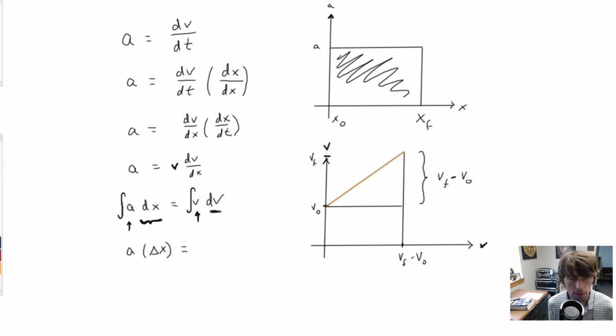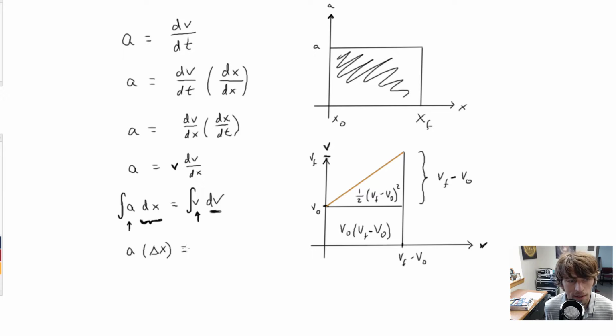Okay. Now we're in a situation where we can actually find the area. I have v naught times a distance of v final minus v naught. And here we have a triangle that has a height of v final minus v naught and a width of v final minus v naught, so the area would be 1/2 (v final minus v naught) squared.